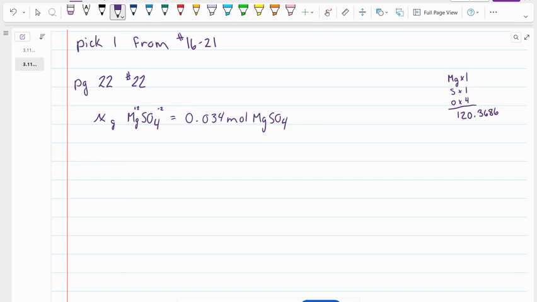And we can then write in that we know that 1 mole of magnesium sulfate is equal to 120.3686 grams of magnesium sulfate.